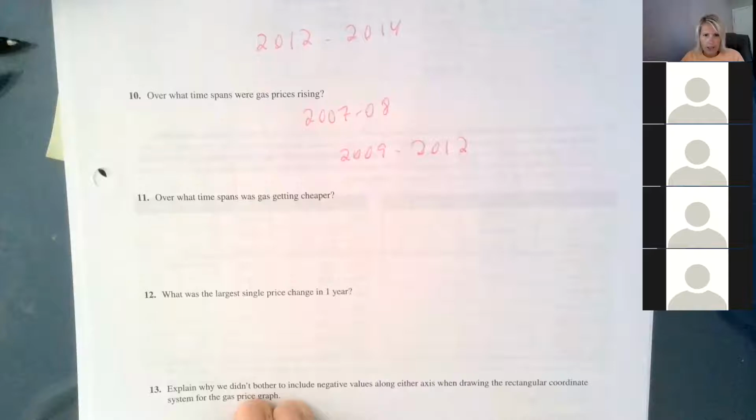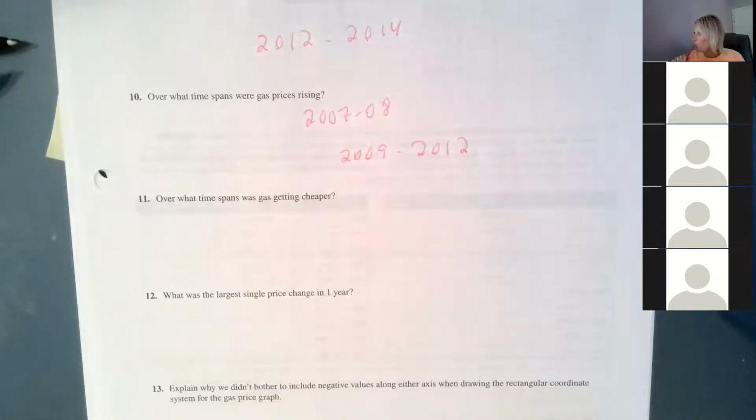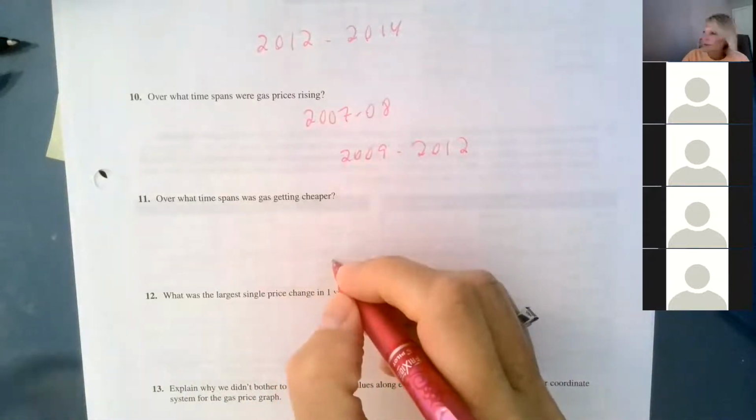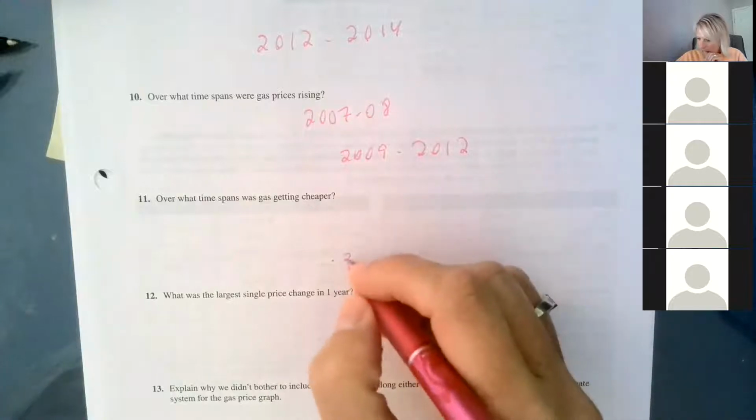11 says, over what time spans was gas getting cheaper? I had a couple on that one as well. 2015 and 2016. Yes. And I think I even started at 2014.